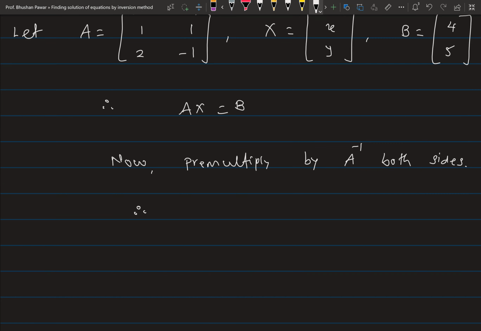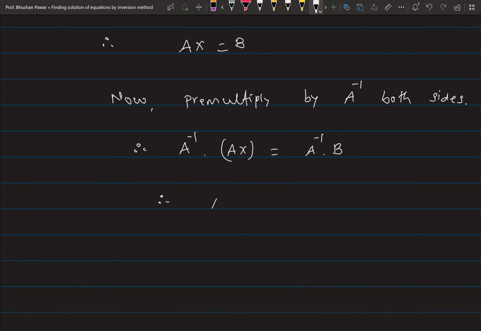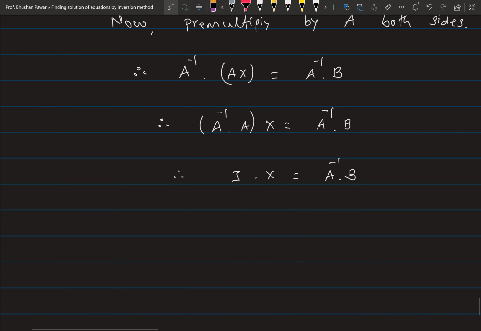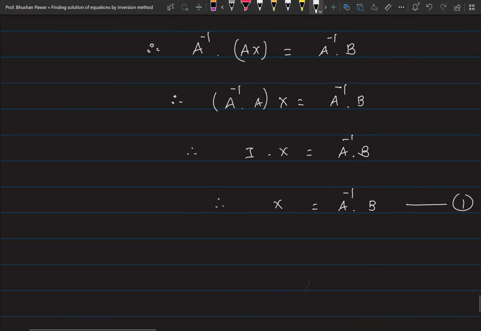Therefore we get A inverse into AX is equal to A inverse into B. Next line: by applying the associativity property of matrices, we get A inverse A in the same bracket, and that is going to be I. So I into X is equal to A inverse into B. Hence matrix X should be written as A inverse into B. We call this one as 1.